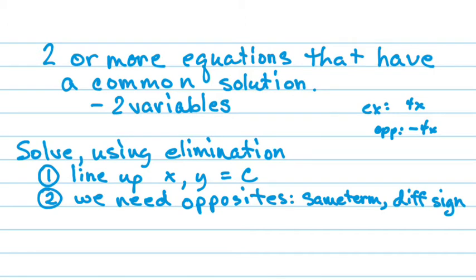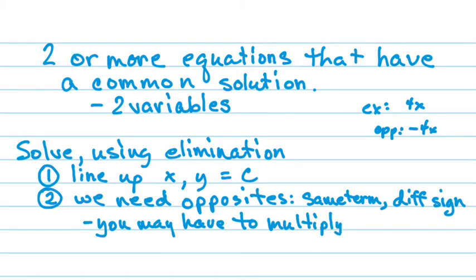Okay? Now, we may have sometimes to do something to get opposites, but you might also have an equation where you already have opposites, which is nice, but it's not likely. Okay? So you may have to multiply.